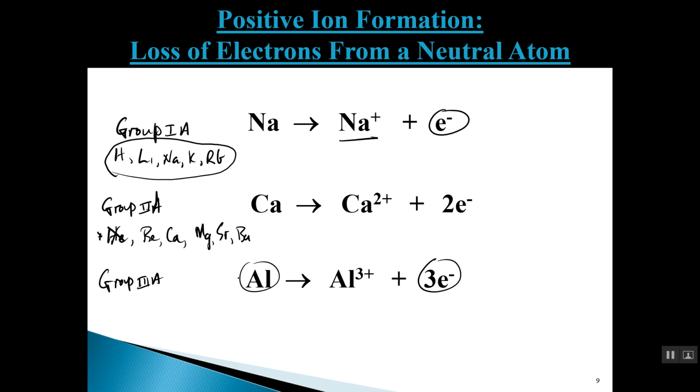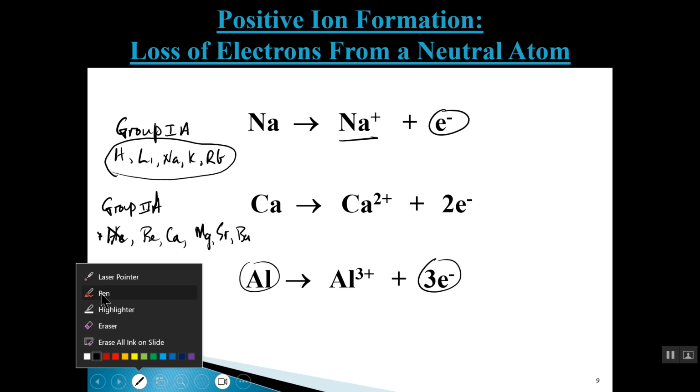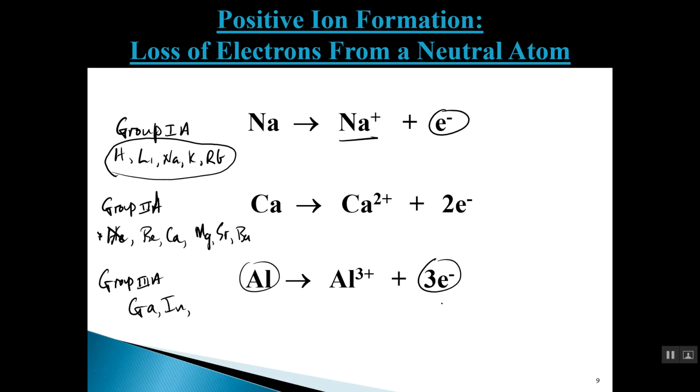That is true not only for aluminum, but for other elements such as gallium and indium and others in that group, right? So there is some correlation between the position of the elements in the periodic table and the number of electrons that will be lost by the particular atom of that element, all right?